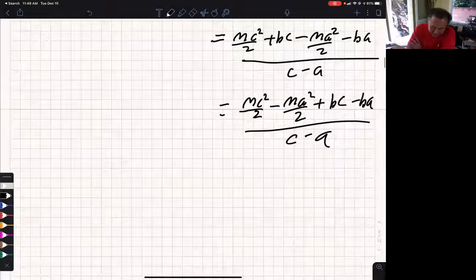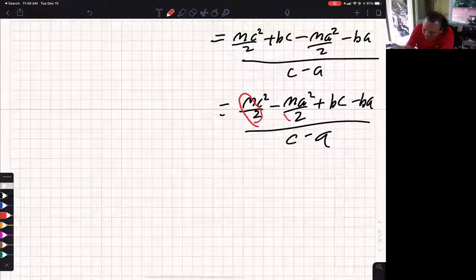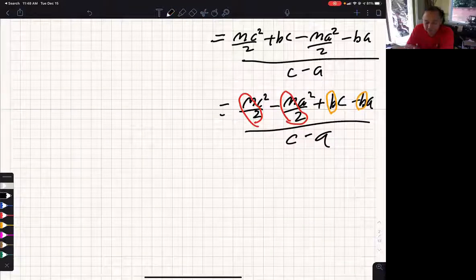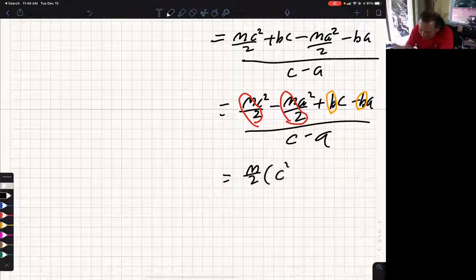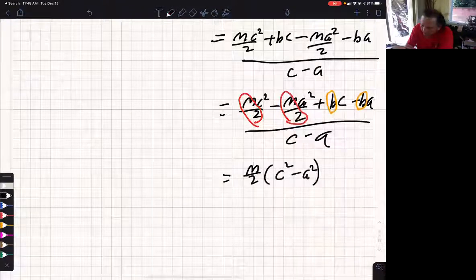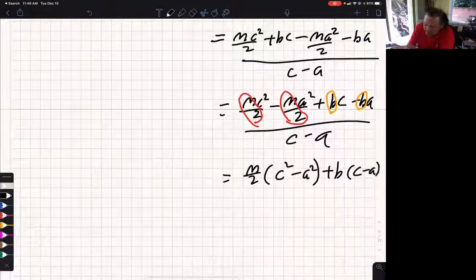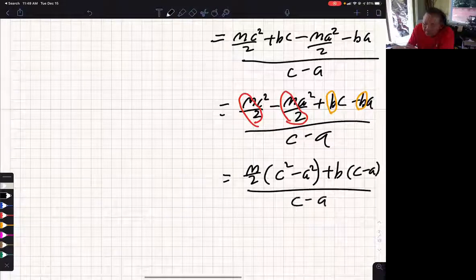Let's keep going. What you should notice, look, they both have an m over 2. And then these both have a b. So I'm going to factor those out. So I'm going to factor out the m over 2. I'm left with c squared minus a squared. And I'm going to take out the b, and I'm left with c minus a, all over C minus A.